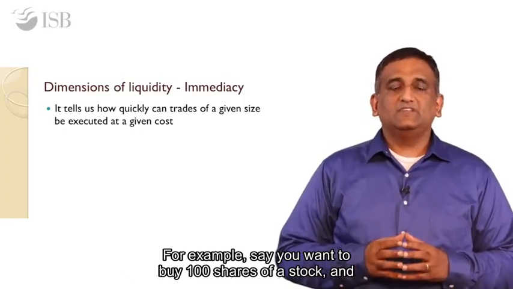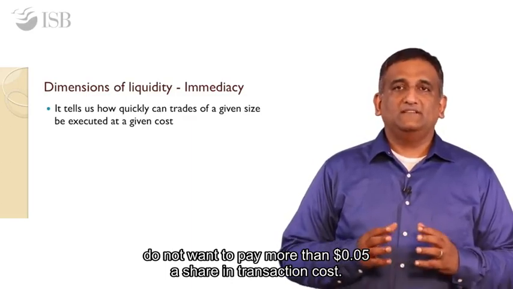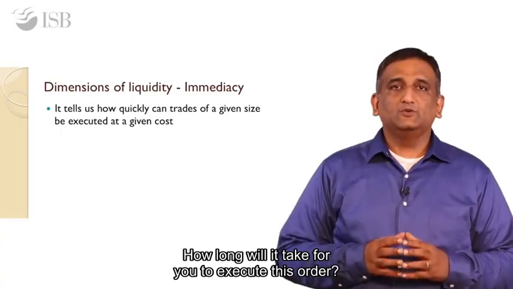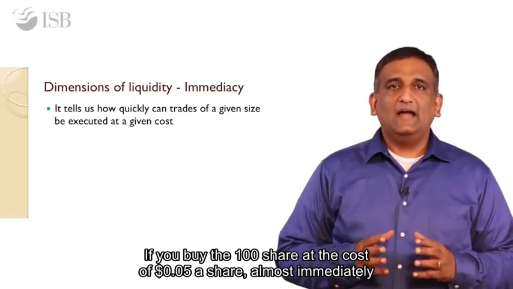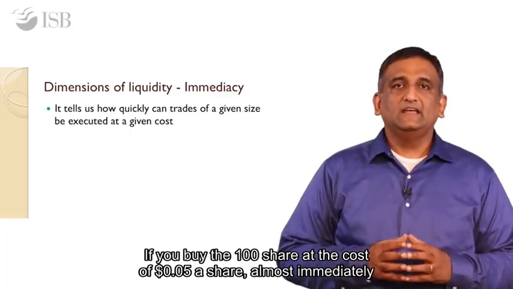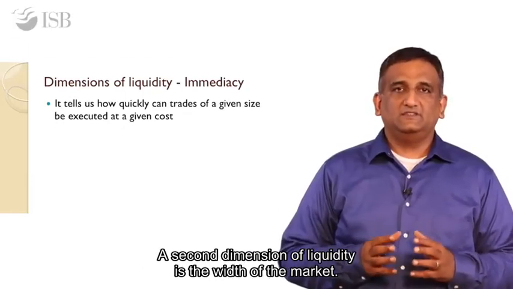For example, say you want to buy 100 shares of a stock and do not want to pay more than 5 cents a share in transaction cost. How long will it take for you to execute this order? If you buy the 100 shares at a cost of 5 cents a share almost immediately, the market is extremely liquid as it provides a high level of immediacy.